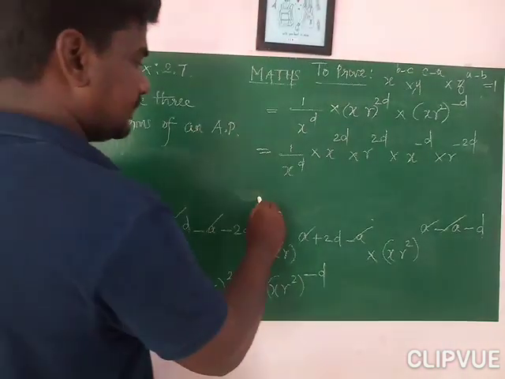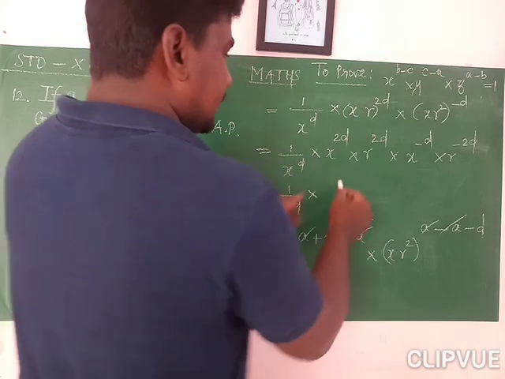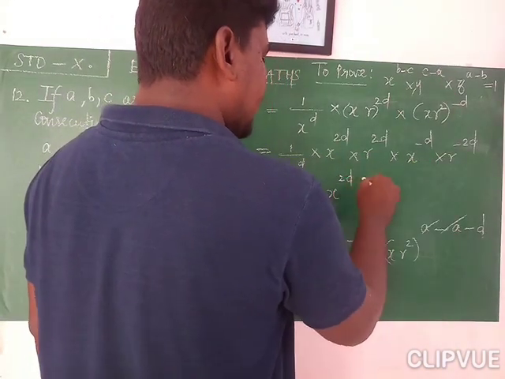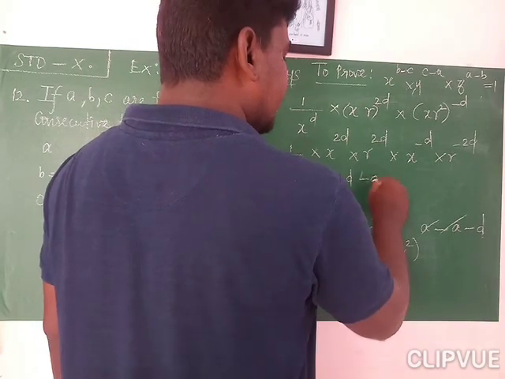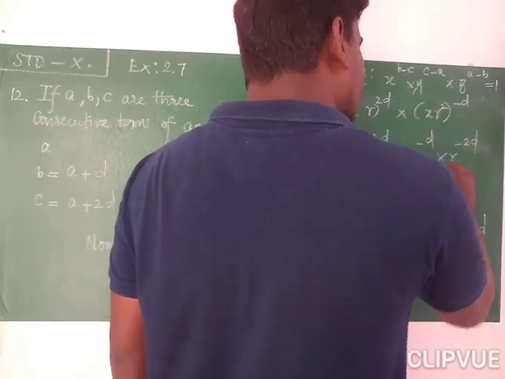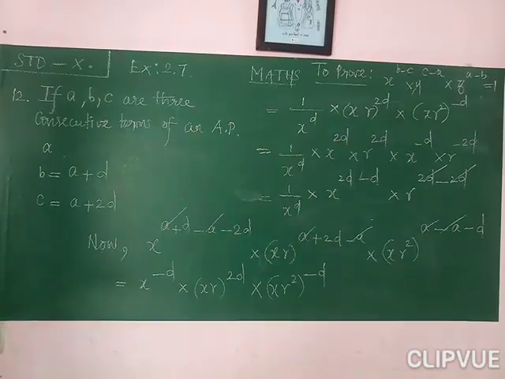Here the bases are the same, so we can add their powers: X power 2D plus minus D, and R power 2D minus 2D. Minus 2D plus 2D will be cancelled.